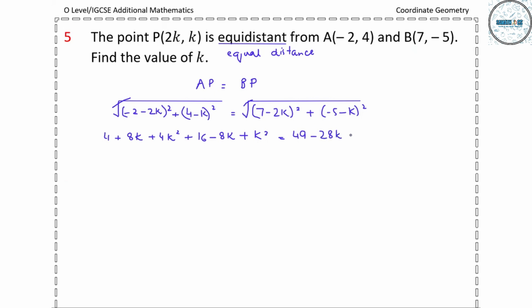Square of 2k is 4k square. Then plus square of 5 is 25. 5 into k is 5k, then multiplied by 2, that is 10k.